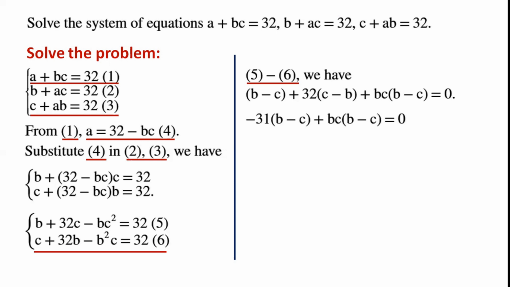So the first two terms can be written as minus 31 times (B minus C). By factorizing the left-hand side of the equation, we can now write (B minus C) times (BC minus 31).